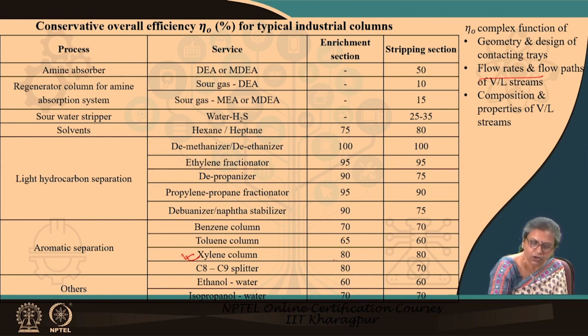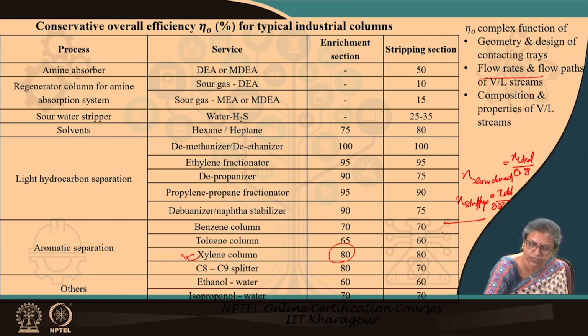For the orthoxylene column, the efficiency in the enrichment and the stripping sections can be taken as 80%. So, you have found out the number of trays in the enrichment section and in the stripping section. For each particular case, you are supposed to find the actual number of trays in the enrichment section, which is nothing but the ideal number of stages divided by 0.8. Same thing you are supposed to do for the stripping section. In this case also, n ideal divided by 0.8.